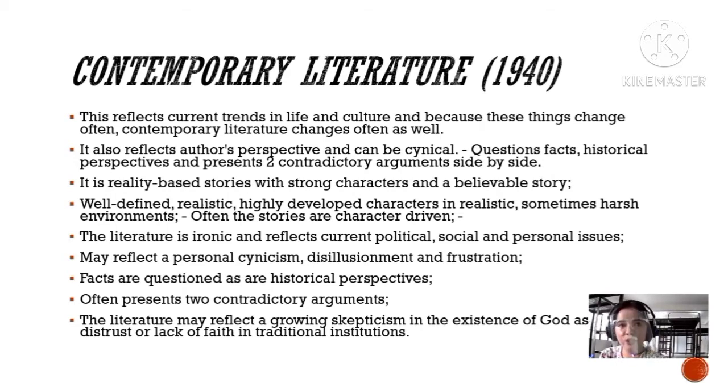That's why superheroes come in to fight injustices. So often the stories are driven by this. Next, the literature is ironic and reflects current political, social, and personal issues, like the societal issues I'm telling you about: inequality, politically driven issues, or personal issues within themselves.